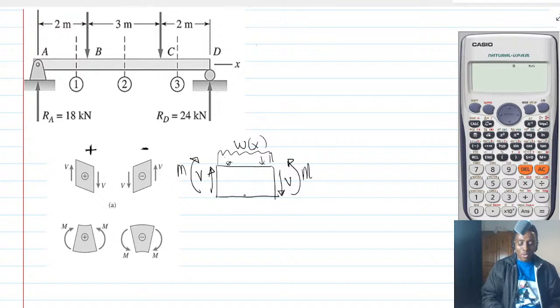So whenever you are drawing the shear force and the bending moment, what you have to do is that with this convention, what do you have to do? You have V and then you have M. So the shear force and then the bending moment. Alright? Okay. So now this is how we are going to solve it.